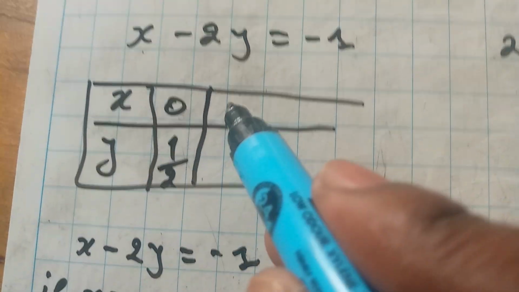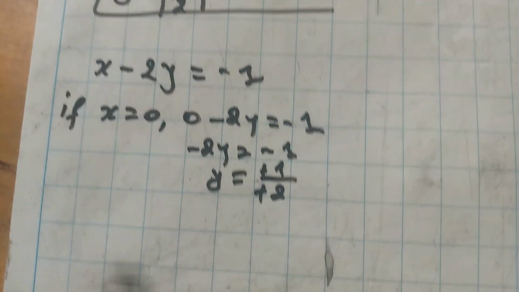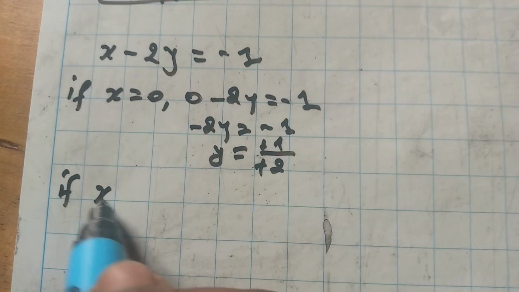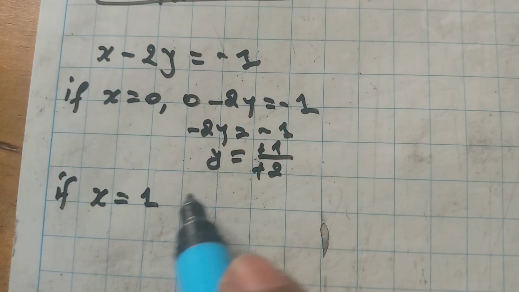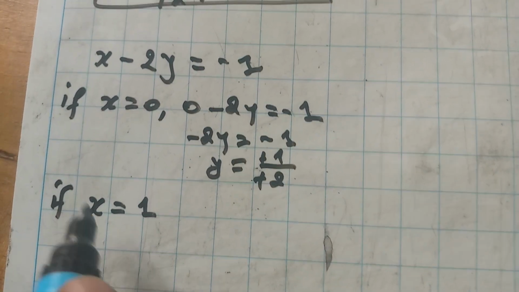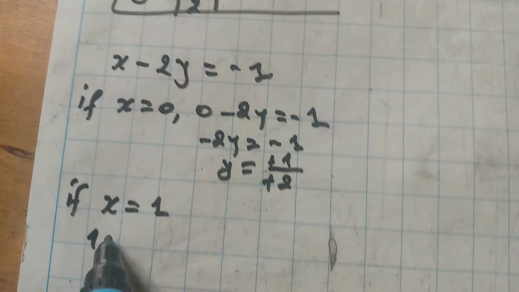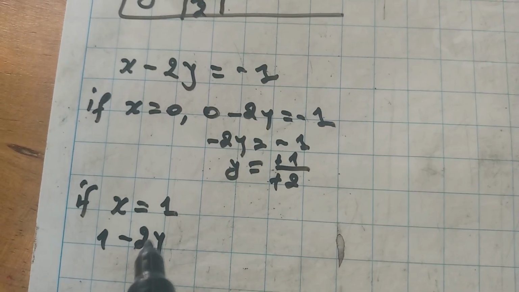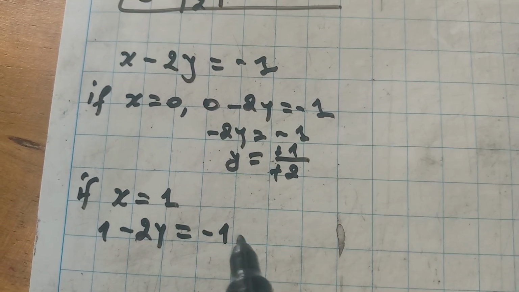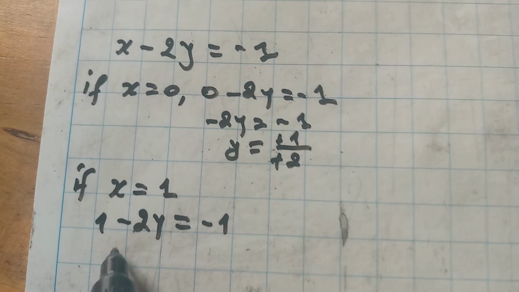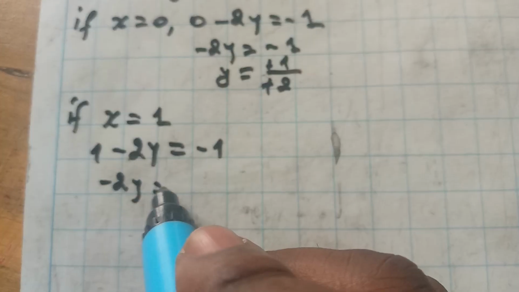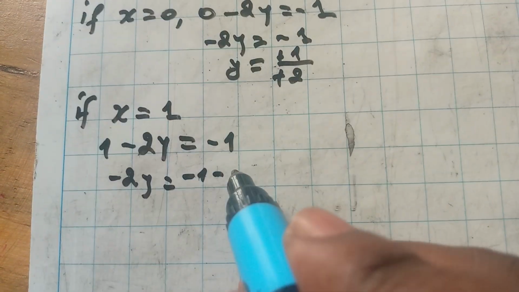What if I have x which is equal to 1? If my x is equal to 1, x is 1 minus 2y, which is equal to negative 1, where negative 2y is equal to negative 1, negative 1.